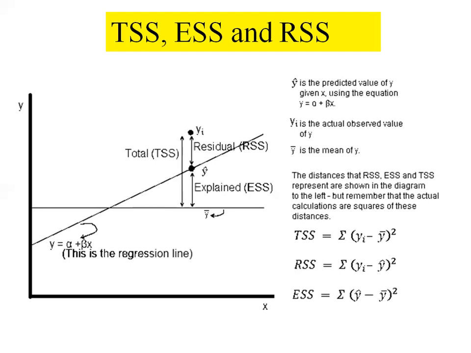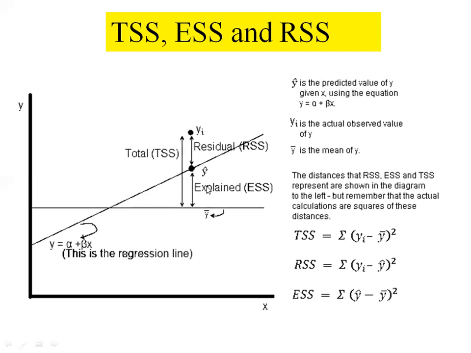So here the TSS, total sum of squares, can be said as explained sum of squares and residual sum of squares. So TSS is equal to ESS plus RSS, explained sum of squares and residual sum of squares.